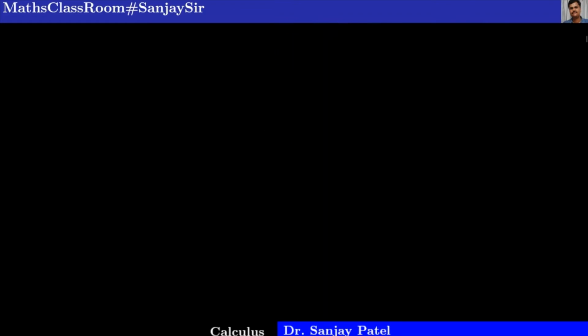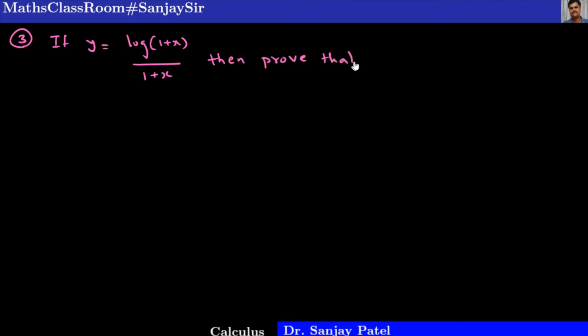Problem number 3. If y is equal to log of 1 plus x upon 1 plus x, then prove that yn 0 plus n times yn minus 1 0 is equal to minus 1 raised to n minus 1 into n minus 1 factorial.